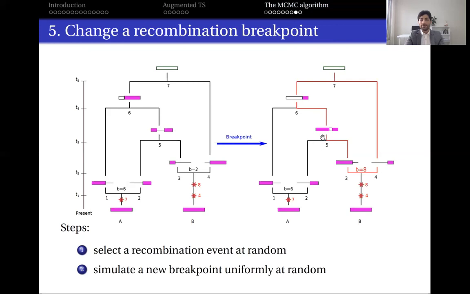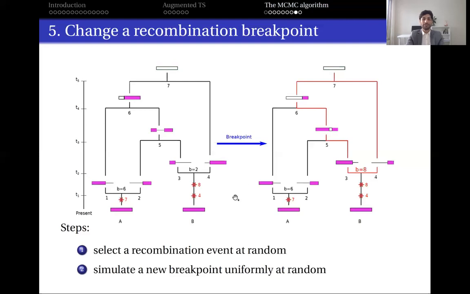But now it has from 0 to 6, and then there is an MRCA for 6 to 8 here, and then it has material from 8 to 10. Similarly, for 6, we have an MRCA for 2 to 8 here. So even this small change will result in big changes on the ancestral material and on all the MRCAs that need to be addressed.